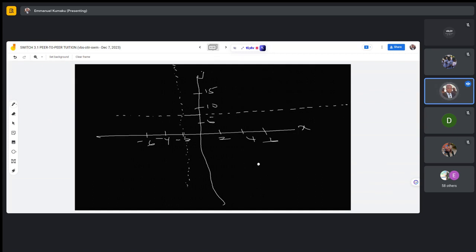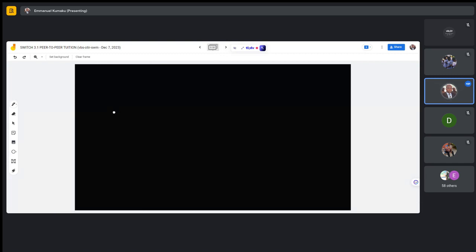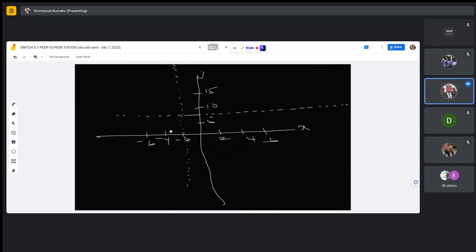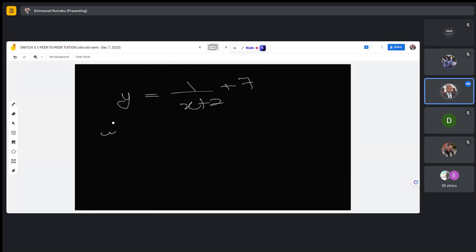The original equation is y equals 1 over x plus 2, plus 7. To the left of the vertical asymptote, we can choose a point such as -4, -3, -5, -6, whichever is convenient. Let's use x equals -4.